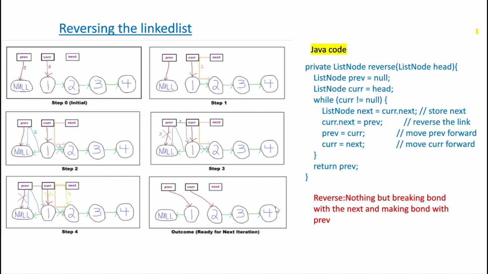And when current comes to null, previous is going to point to here, right? So we return previous. We return the head node of the linked list. This is how we reverse the linked list. We just want to keep in mind: break the bond with the next one and make the bond with the previous one. That's it.